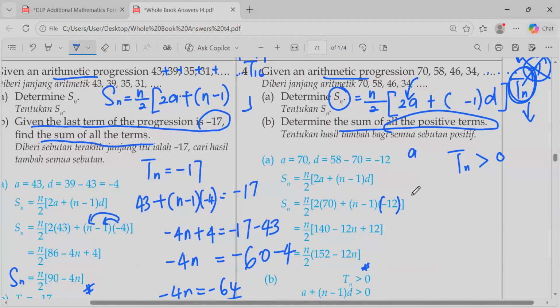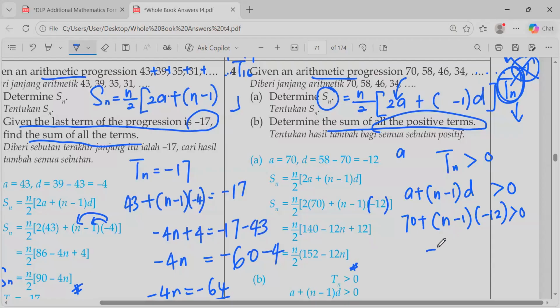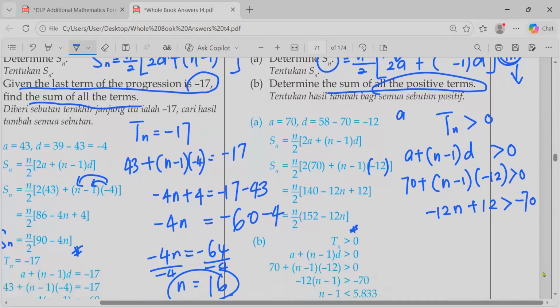So you substitute the formula, you substitute 70, you substitute the d, and then try to find n. So this is -12n plus 12 greater than -17. And then -12n greater than -17 minus 12.